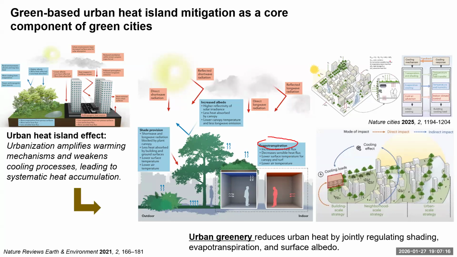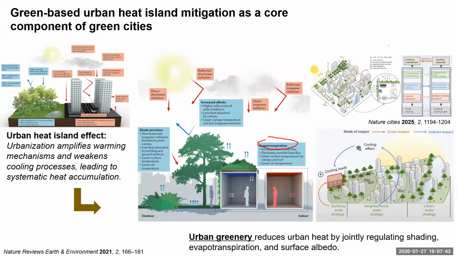Even the recent paper published in Nature Cities lets us know how the greenery helps us alleviate the urban heat island effect. So the urban greenery basically has a cooling effect.